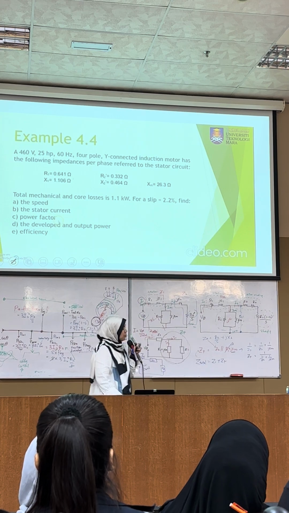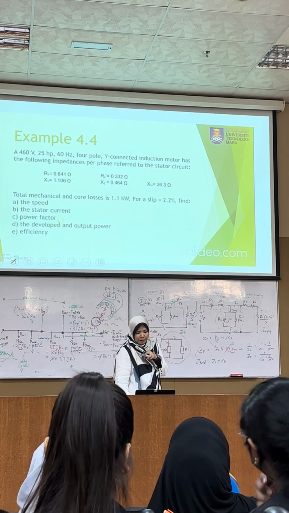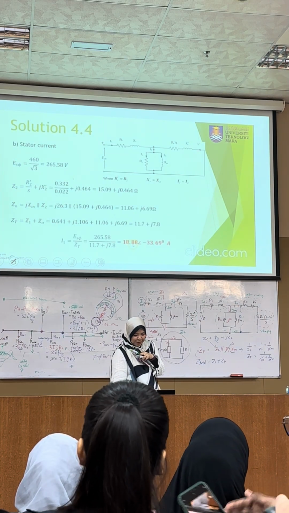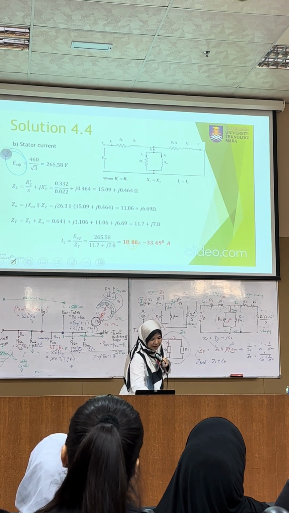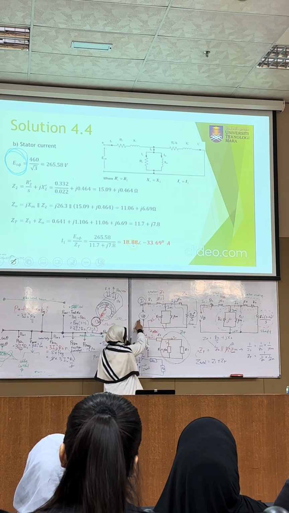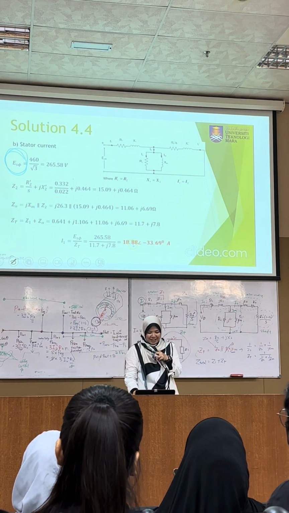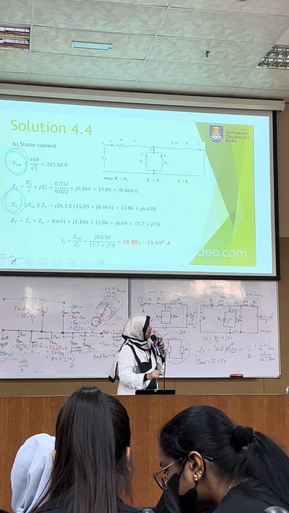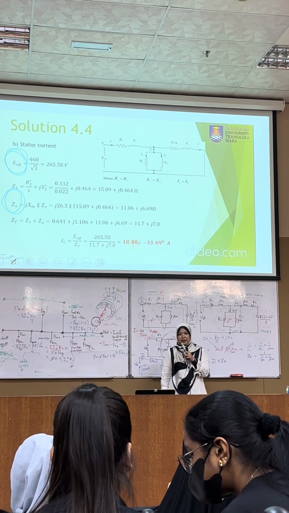I would like to highlight apa yang beza dengan kita punya syllabus. Ini UiTM, lain sikit lah. The lecturer mentioned about this E. This E is actually the phase voltage. This Z naught is your ZF.